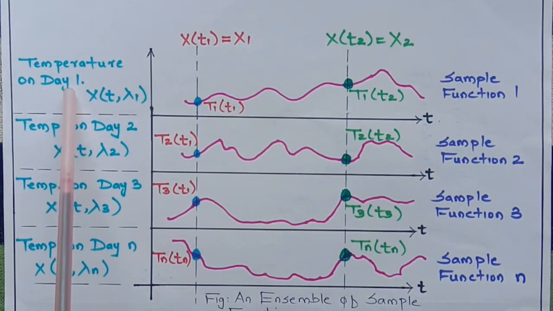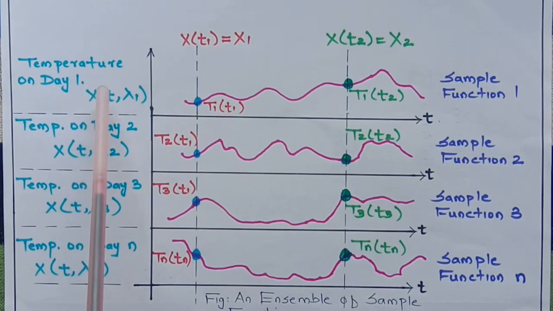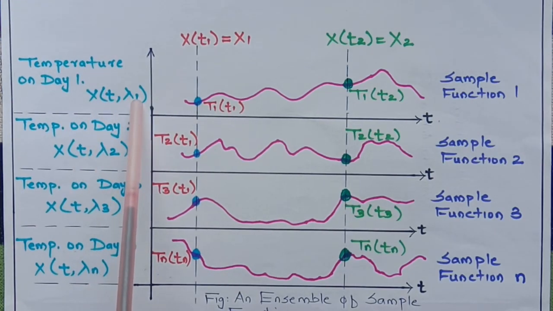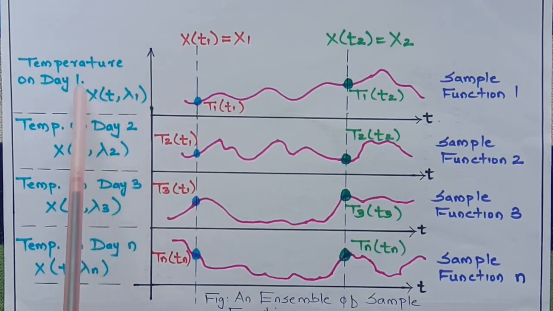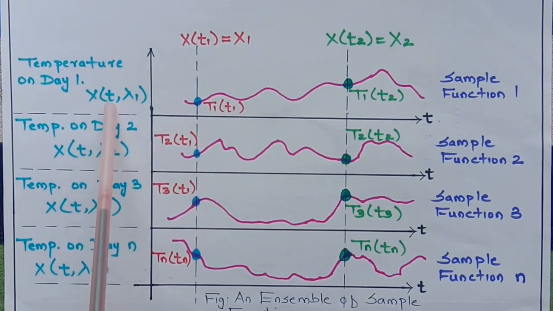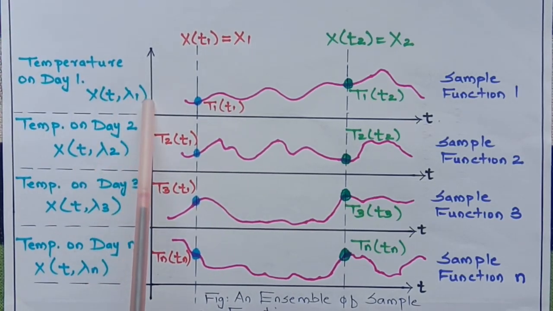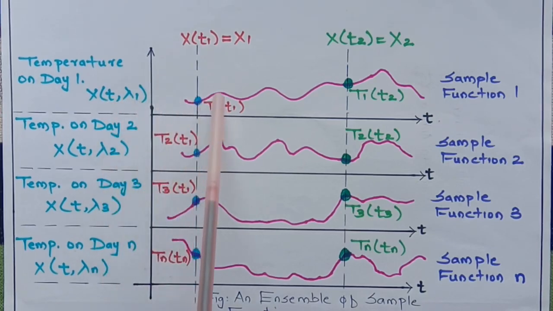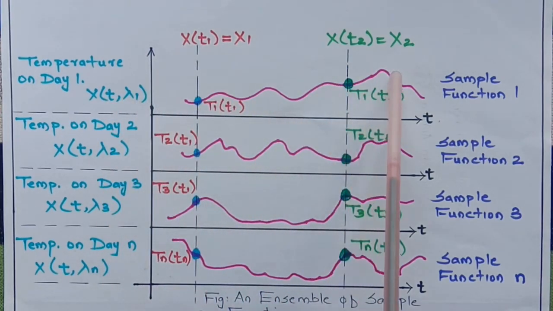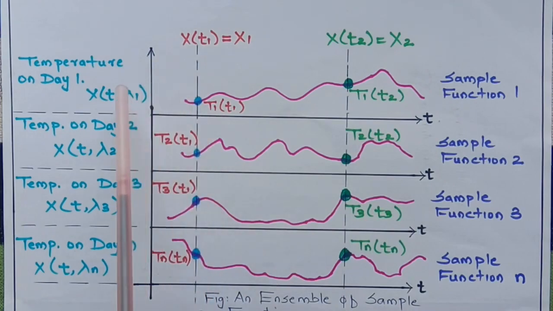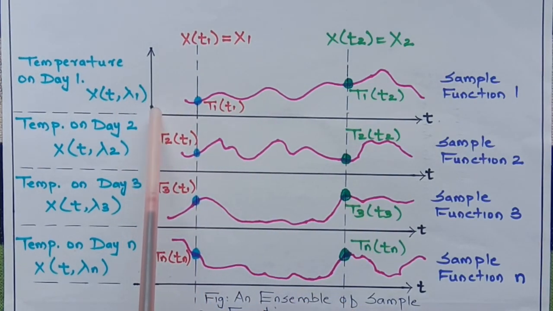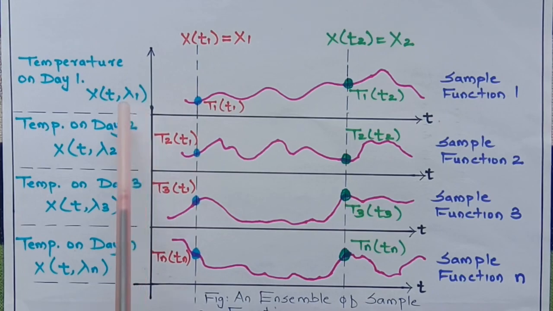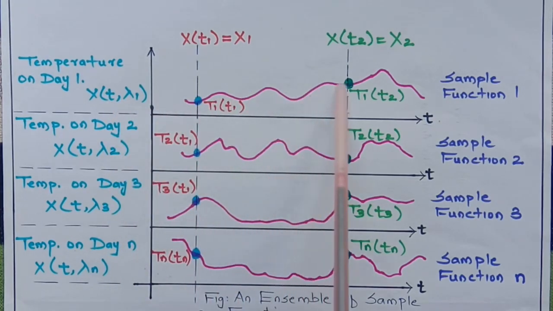So it is represented by x of lambda 1 comma t, or we can represent it as capital X of t comma lambda 1. It represents the same. What is lambda 1 over here? Day 1. So we have to record the temperature of a city on day 1. It is like this one.